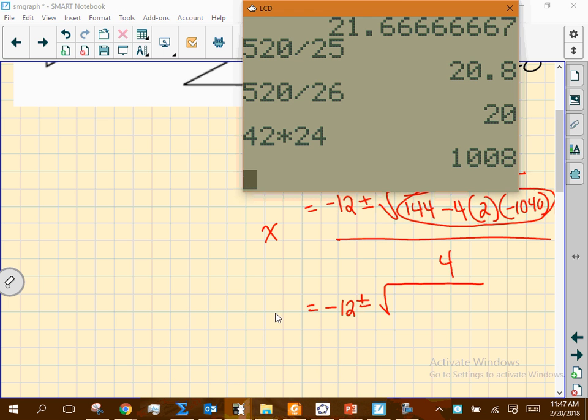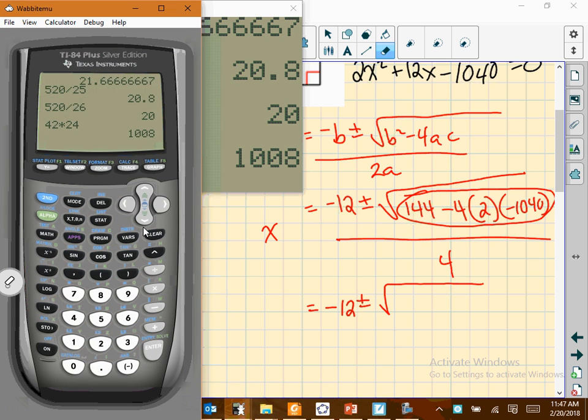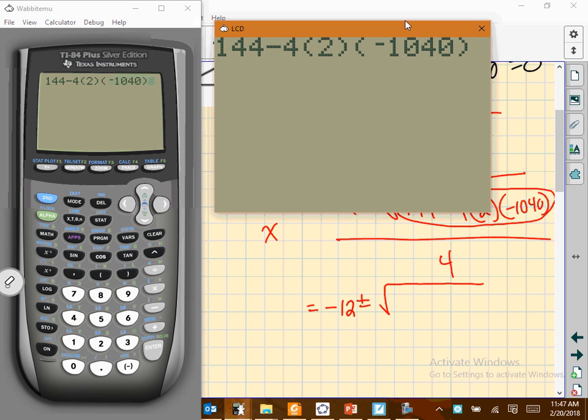If you guys are using your calculators, it's not a bad idea to use your calculators. Don't type this all in at once. You're going to make mistakes typing it all at once, but you can type in your discriminant all at once, just the way you see it, because our calculator knows the order of operations. So it knows that you really should multiply these three numbers together.